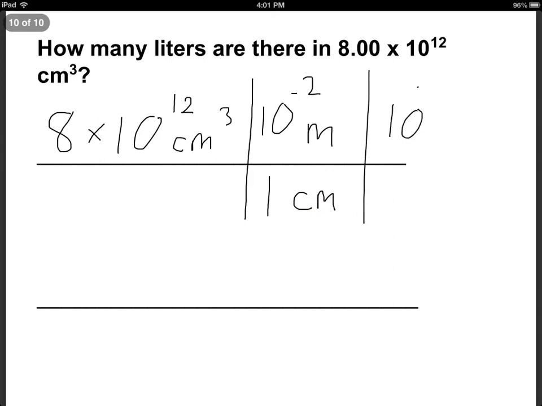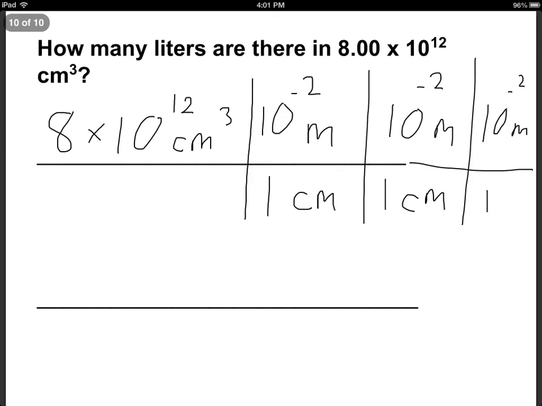So I'm going to go ahead and do it 2 more times. We're going to say 10 to the negative second meters is the same as 1 centimeter, and 10 to the negative second meters is the same as a single centimeter. And again, we'll see that that allows us to cancel out all of our centimeters cubed.